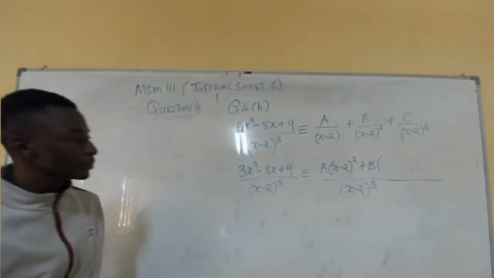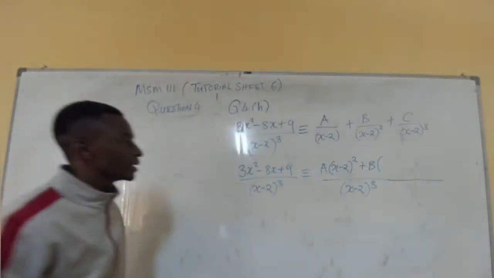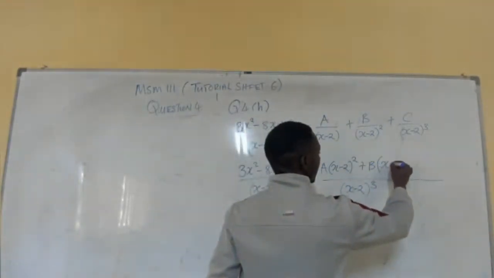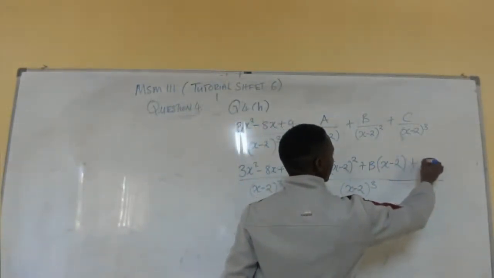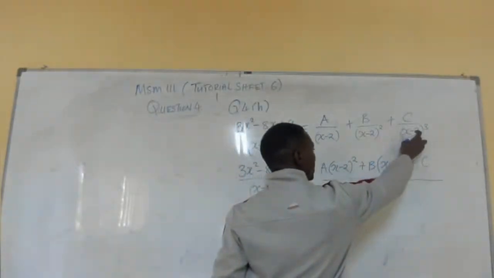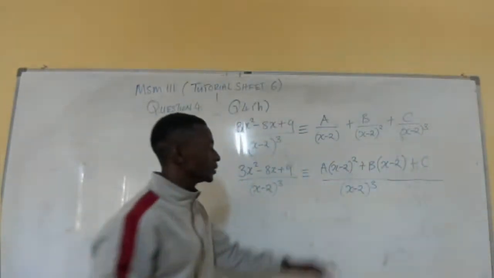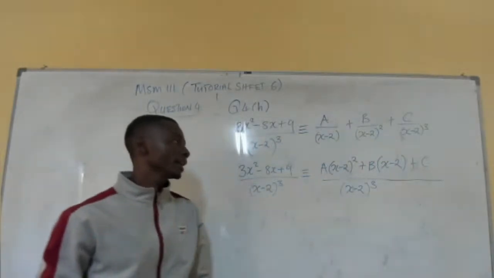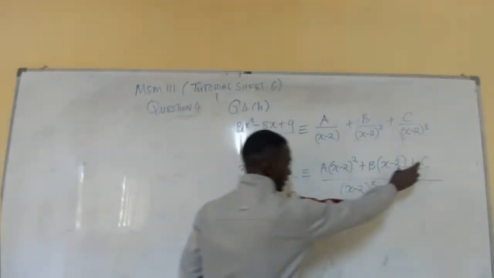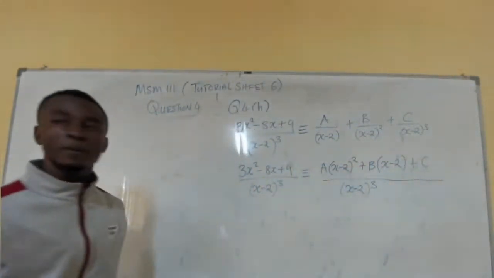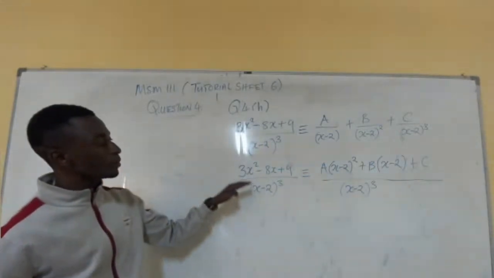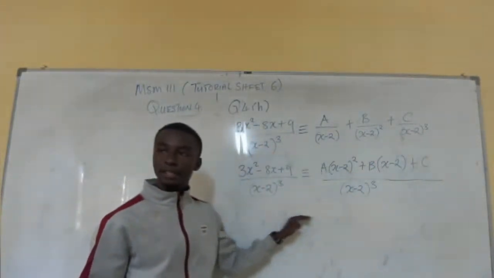You remain with x minus 2, so b times (x minus 2), then plus c. What is x minus 2 to the power 3 into x minus 2 to the power 3? It's 1, so you just say c. Now you equate the numerators. Forget about the denominators.